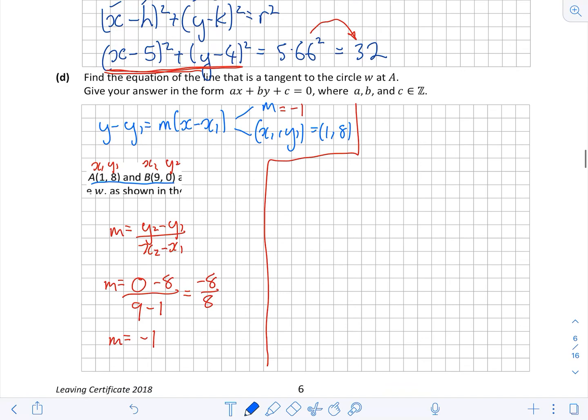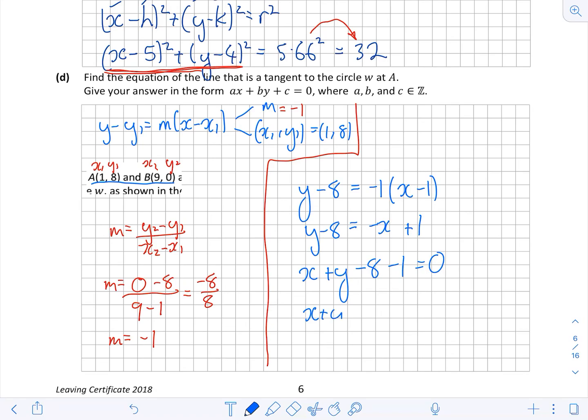So back into blue. Next job, use this formula here. So we're going to go for y minus 8 is equal to minus 1 into (x minus 1). And that's y minus 8 is equal to minus x plus 1. And then we have x plus y minus 8 minus 1 is equal to 0.